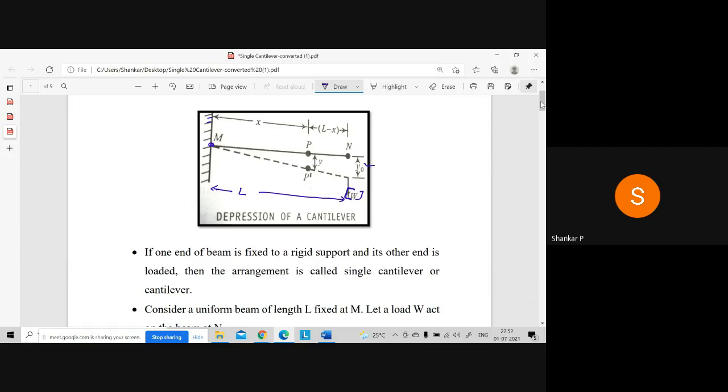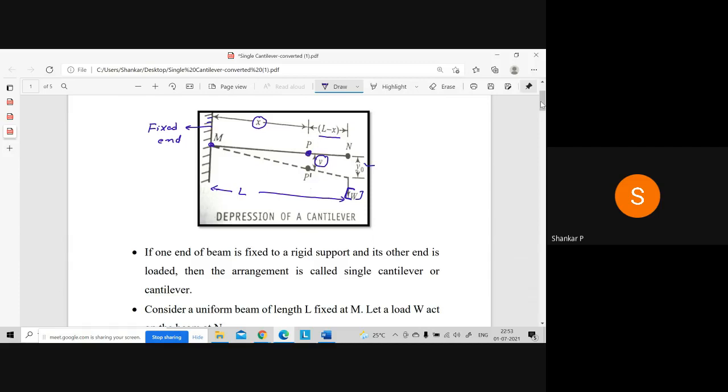Now let us consider any arbitrary point P which is at a distance of x from the fixed end, so that its distance from the loaded end will be L minus x, and the depression produced at the point P is y. You can notice from the diagram it is small y.